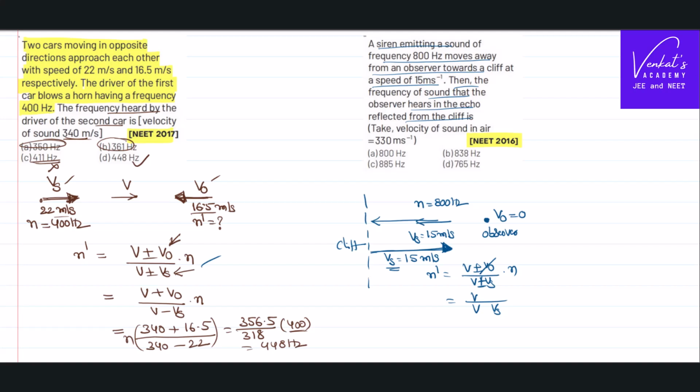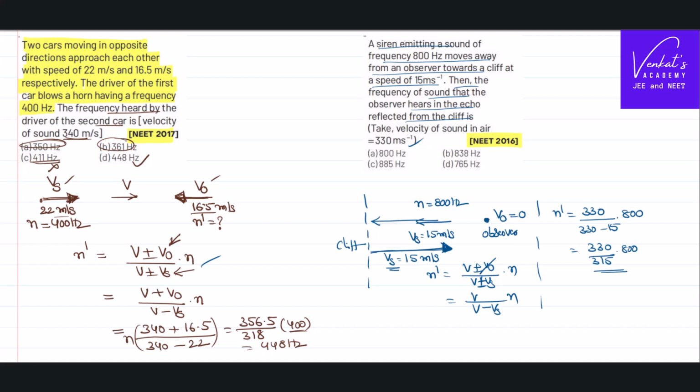So if it has to increase, the denominator has to be less, so I have to write V minus Vs into N. Now I can substitute the data: n dash equals V, which is 330 in this problem, by 330 minus source speed 15, into the original frequency 800. So 330 by 315 into 800.